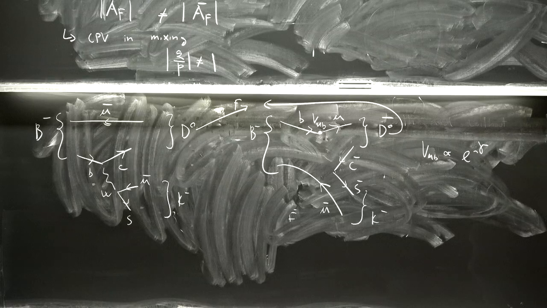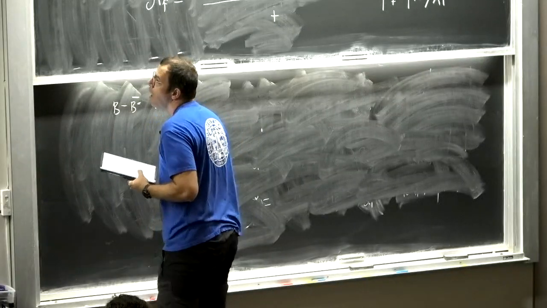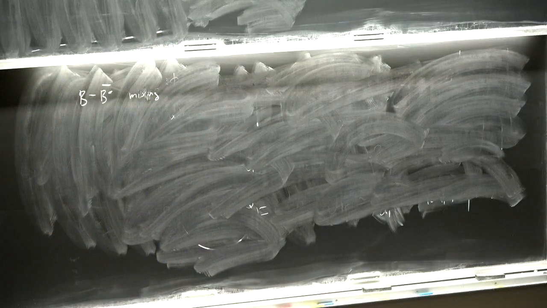And there, the really important ingredient was, so you do B0, B0 bar mixing. And what is measured, let's talk about this part. So this thing is called sine 2 beta.